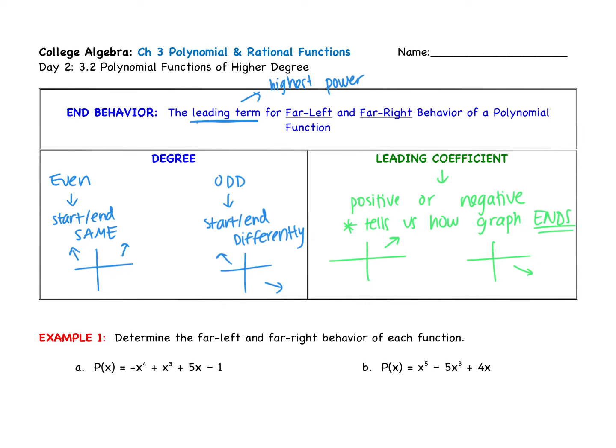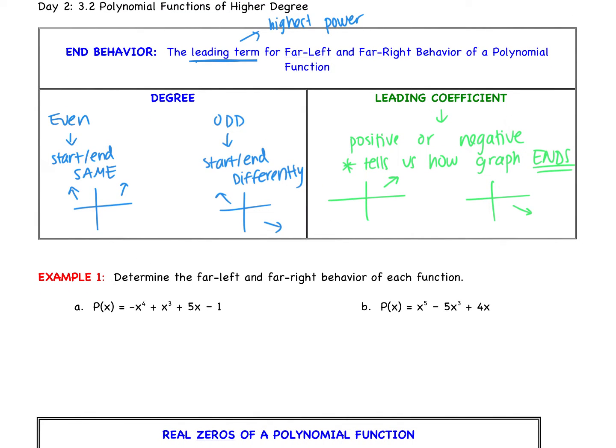So example 1 would be a typical example that you would see for end behavior. It says determine the far left and far right behavior of each function. So far left, far right is the same as end behavior. Here's what you're going to do. You are going to determine the leading term, the term with the highest power, and that's this term right here.